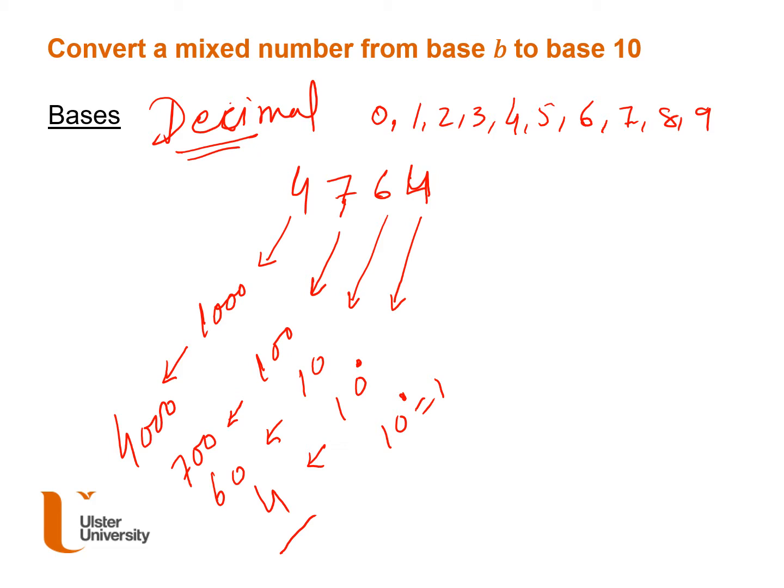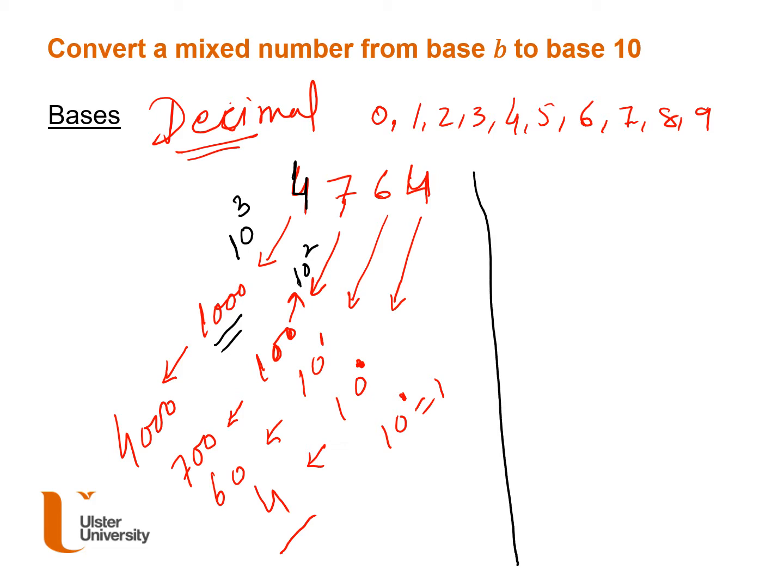The unit digit we have represented by 10 to the power 0. 6 is in tens, so 10 to the power 1. 7 is in hundreds, so 700, or it could be written as 10 to the power 2. The weight for 4 according to its position is 1000, or we can write it as 10 to the power 3.